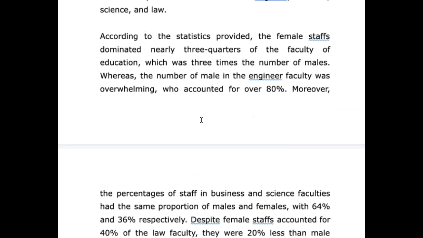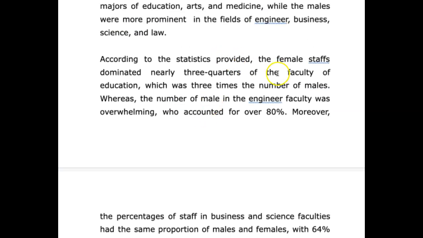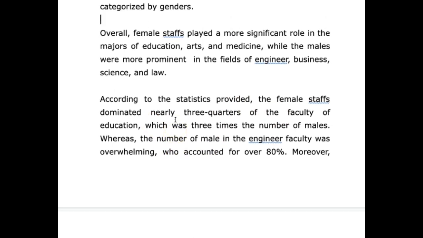According to the statistics provided, the female staff dominated nearly 3/4 of the Faculty of Education, which was 3 times the number of males. Super comparison, whereas the number of males in the engineering faculty was overwhelming.